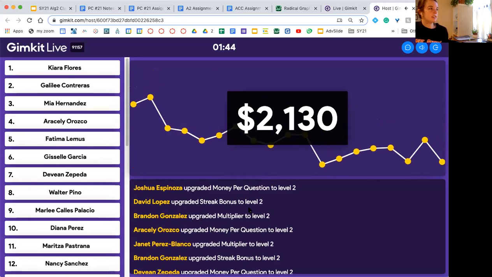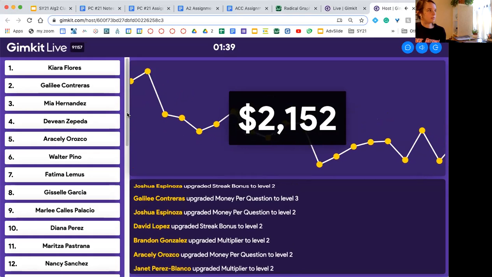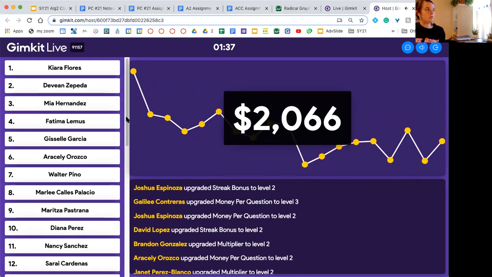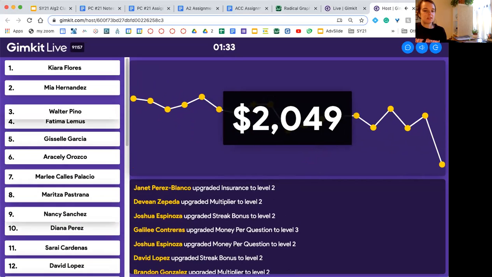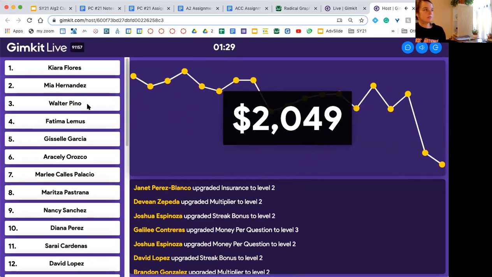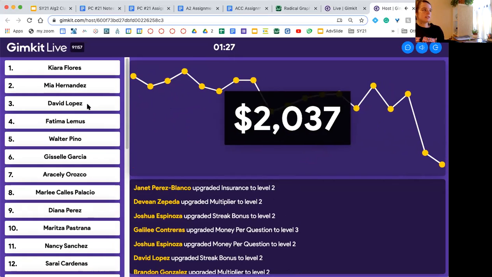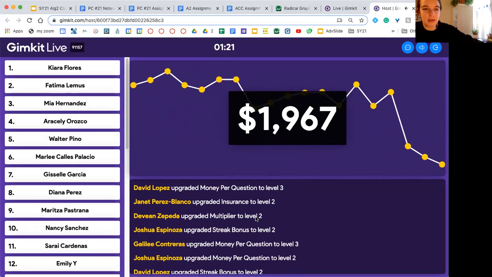Kiara in that lead. Gally in that number 2 spot. Mia in that number 3 spot. Ooh, Devin moving into second place. Walter moving into number 3. David Lopez taking over number 3 now. Ooh, Fatima, make a move.